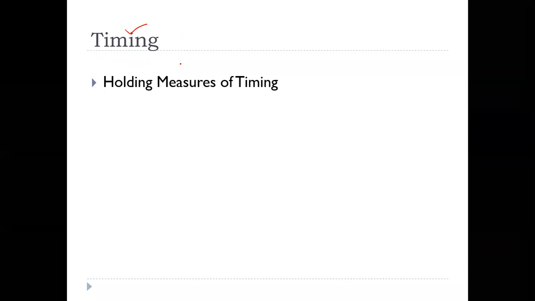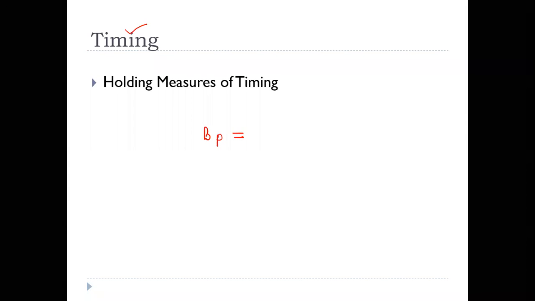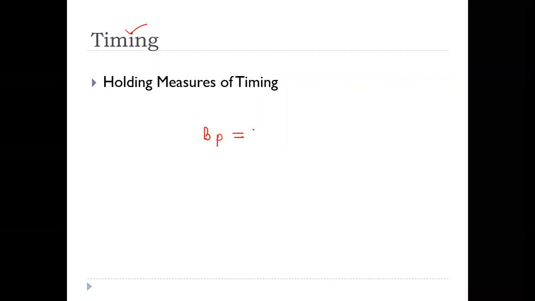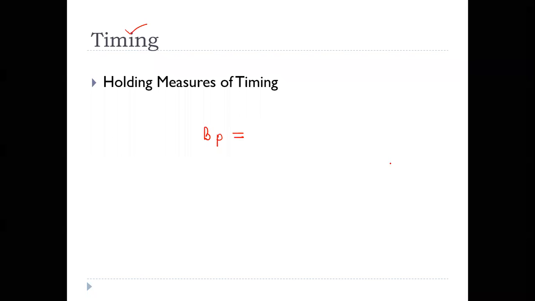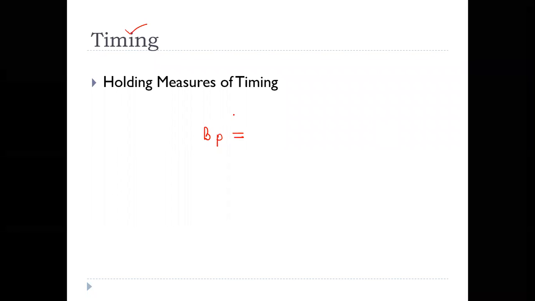The thing is, how can you change the beta of your portfolio? Can anyone tell me how can we get the beta of a portfolio from the beta of stocks? How can we come up with the beta of the portfolio? Weighted average of the individual holding securities, holding assets, right? Yes sir.